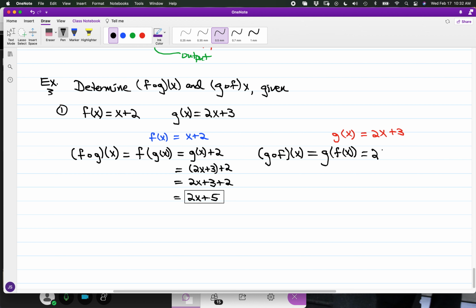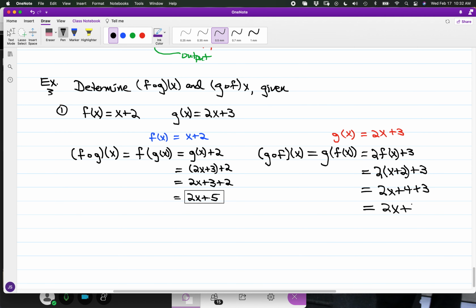2 times f of x plus 3, and specifying what f of x is. Again, f of x was given as x plus 2, and distributing, you have 2x plus 4, followed by the addition of 3, and so in the outcome we have 2x plus 7.